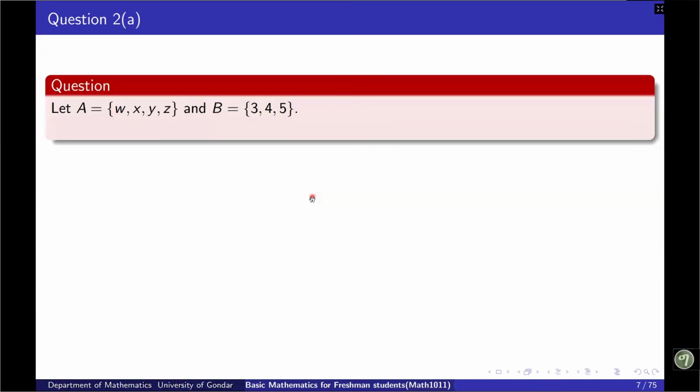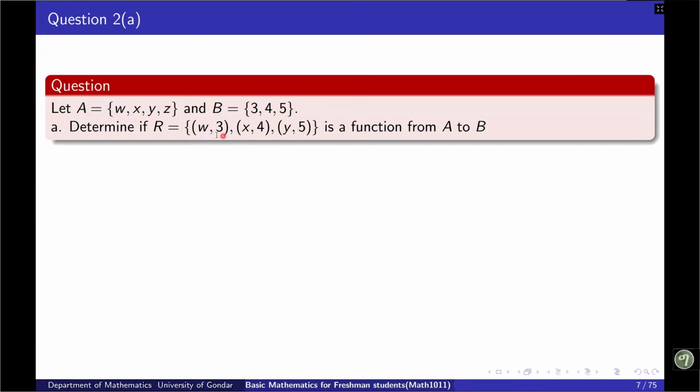So let us start from the first one. The first relation we are given has three elements. In order to justify, this relation is a function, because each and every element of the domain is paired with exactly one unique element. W is paired with 3.